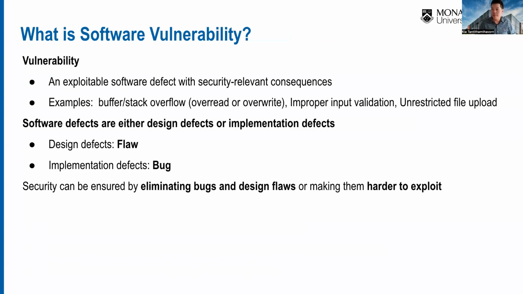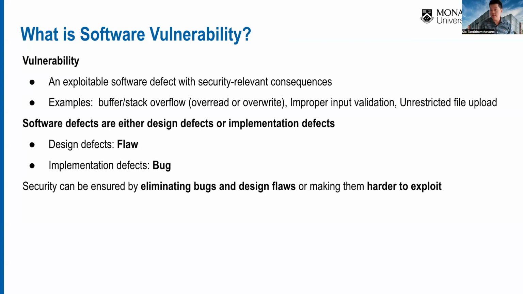The issues related to software security are called software vulnerabilities. A software vulnerability is an exploitable software defect with security relevant consequences. For example, buffer overflow, overread, overwrite, improper input validation, and unrestricted file upload.